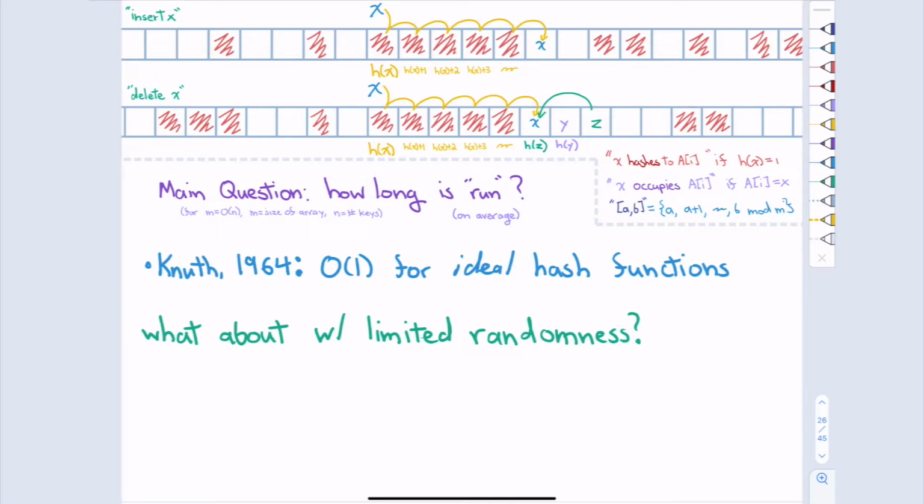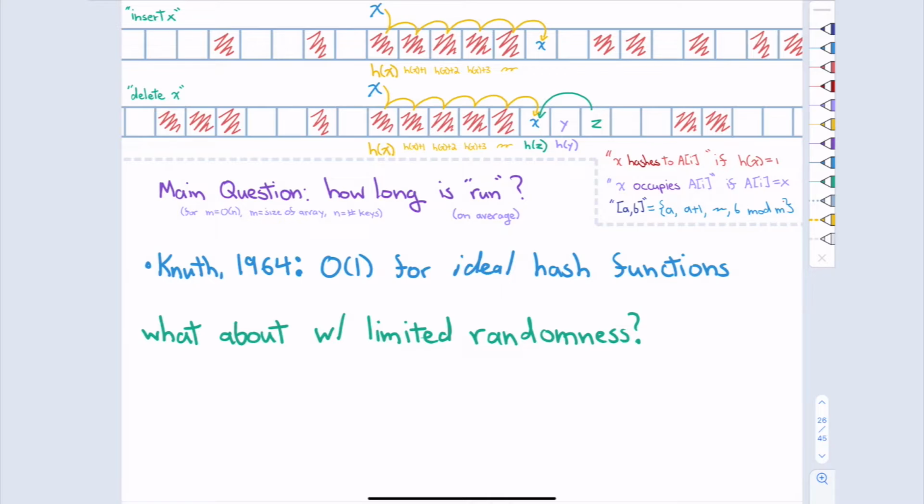I'm sure you have all heard of Knuth. He's one of the very early guys to analyze algorithms. He sort of brought big O notation from other parts of math and computer science. He's done a lot of stuff. But in one of his memoirs, he said this is the first thing he really analyzed rigorously. He analyzed this data structure for ideal hash functions. He wasn't worried about limited randomness at the time.